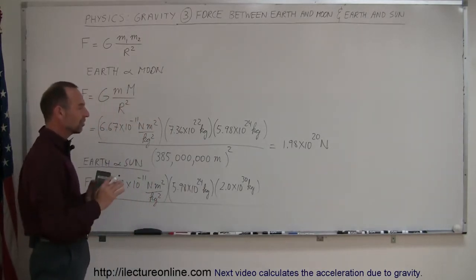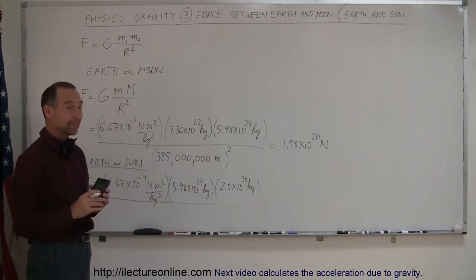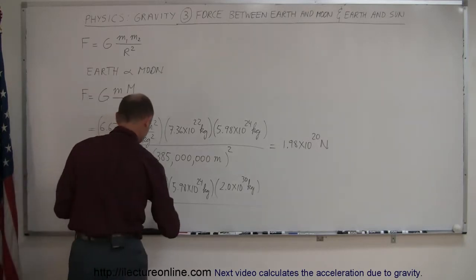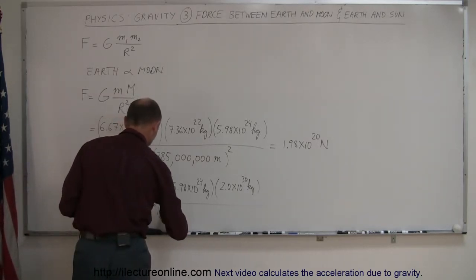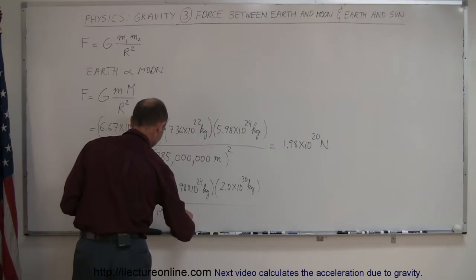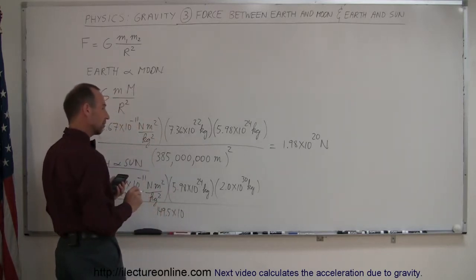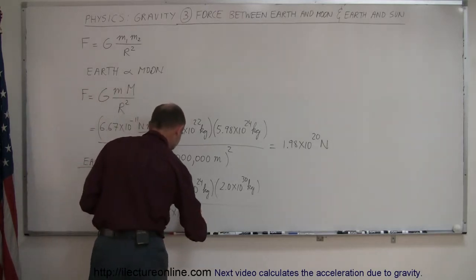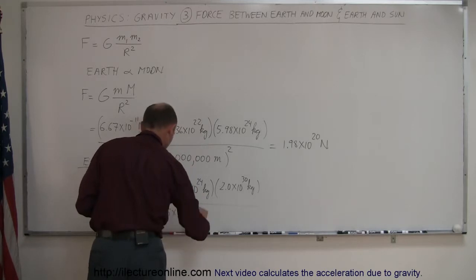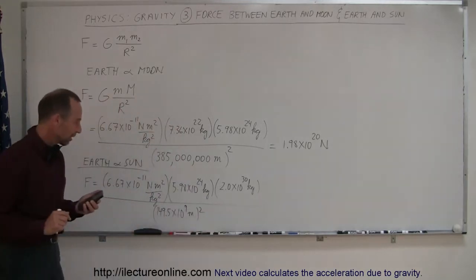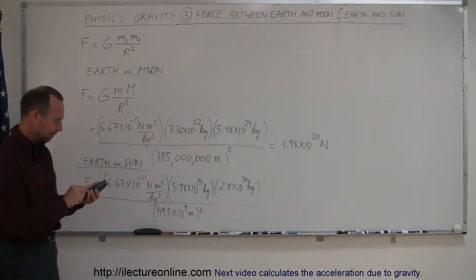Now the average distance is around 149,500,000 kilometers, so 149.5 times 10 to the 6th kilometers times 10 to the 3rd meters, which is 149.5 times 10 to the 9th meters. And we have to square that. All right, that should give us the force between the Earth and the Sun.